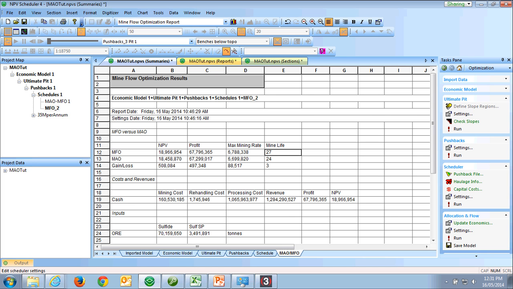That means that in your scheduling it will still decide when it takes a certain block that ore type 1 will report to its processing plant, ore type 2 will report to a different processing plant. The waste will go to the waste stockpile. Hopefully that addresses it, but the material is kept separate in parcels in the parent cell size blocks.